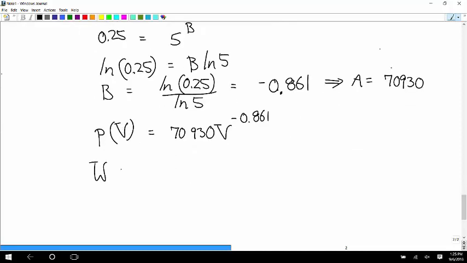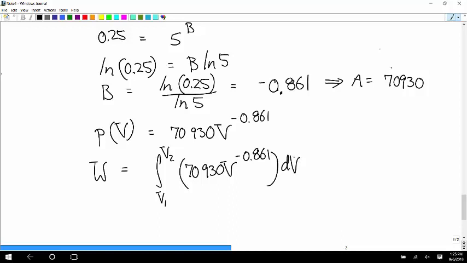And now the work is equal to the integral of the pressure times dV. So that's the integral from V1 to V2 of 70,930 V to the negative 0.861, that's the pressure, and then times dV.